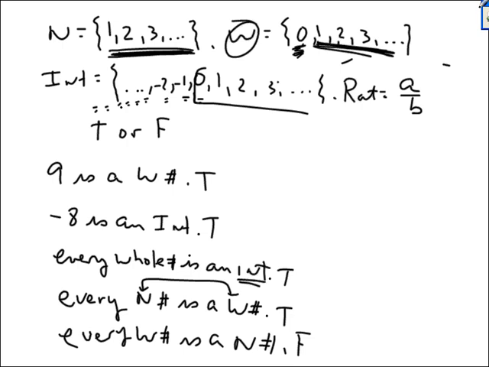I can ask, some whole numbers are natural numbers. That's absolutely true. Some. What does some mean? At least one. Some people in your class got an A on the last exam.